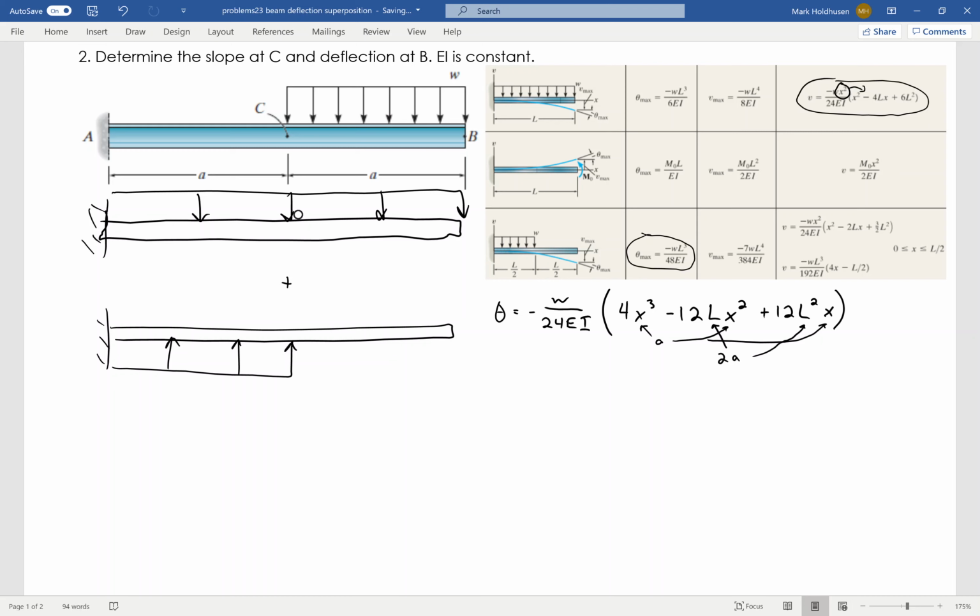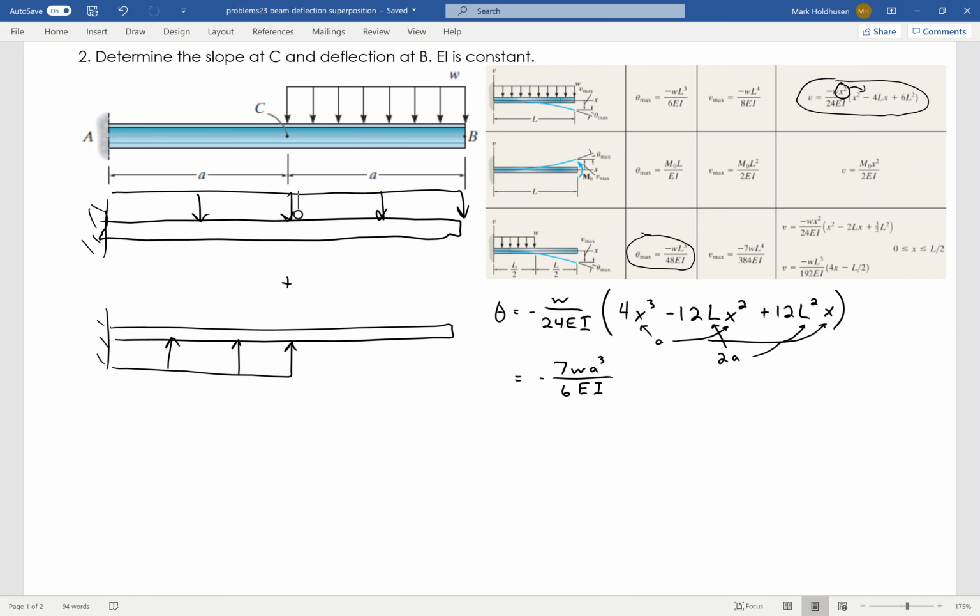Because the length of my beam is 2a, and I want to know what's going on at a. So plugging all that in and manipulating things, I'll let you do the math on your own, I get negative 7WA cubed over 6EI. And that's the slope at A for a 2A length beam with a W distributed load acting on it.